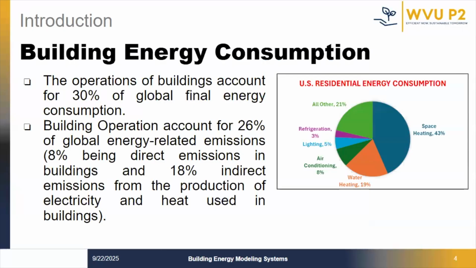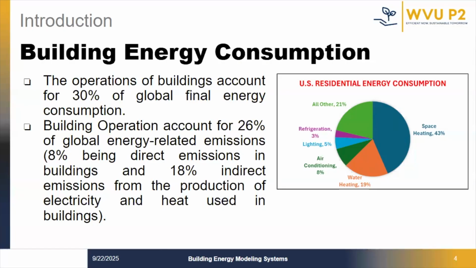So talking about building energy consumption, worldwide, buildings consume a huge share of the world's energy, which is about 30% of the global final energy consumption. Buildings also produce around 26% of global energy-related emissions, with 8% being direct emissions from on-site fuel and a huge 18% being indirect emissions from producing electricity and heat.